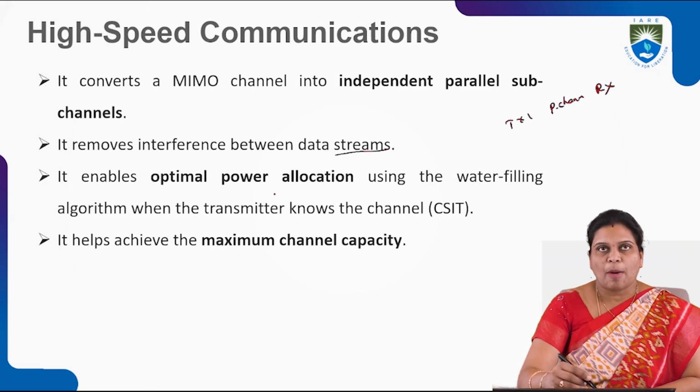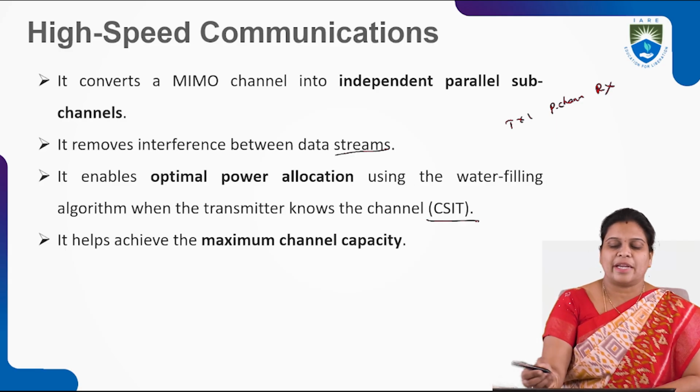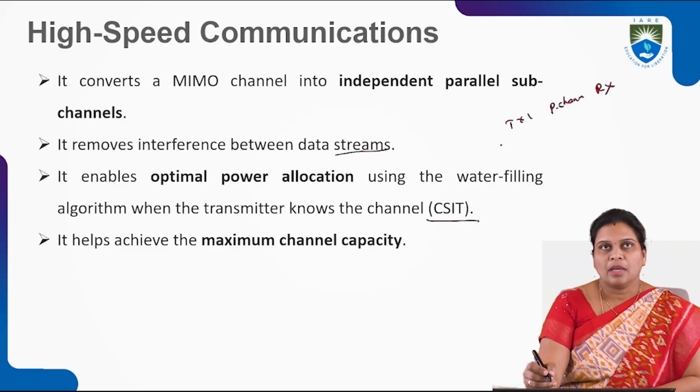It enables optimal power allocation using the water-filling algorithm. That is the CSIT. This gives the maximum channel capacity. By using this, we can find the maximum channel capacity, and for that purpose we can use the CSIT.